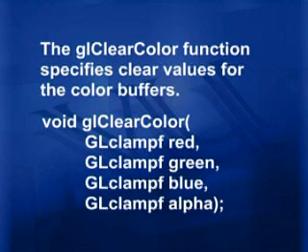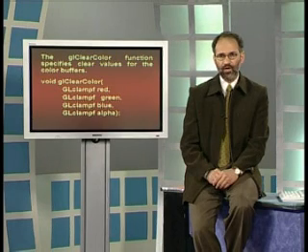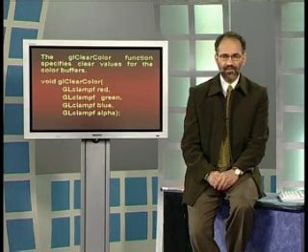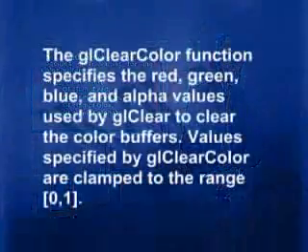Void glClearColor, GLclampf red, GLclampf green, GLclampf blue, GLclampf alpha. So in its totality, we are going to have these four values specified as arguments for the function void glClearColor: the RGB, red, green, and blue, and the alpha.